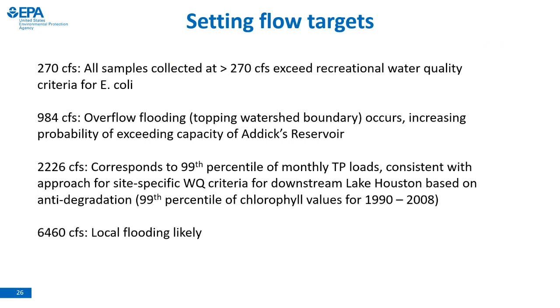And we looked at water samples collected and analyzed for E. coli, a pathogen, and found that all samples collected at greater than 270 cubic feet per second exceed the recreational water quality criteria. So controlling flows will also help to maintain the safety of residents using the aquatic resources.